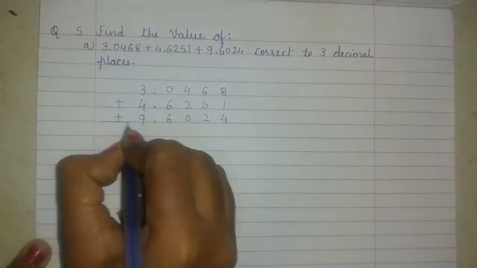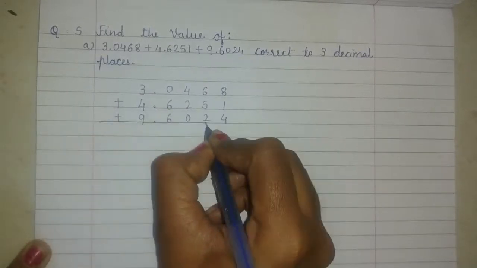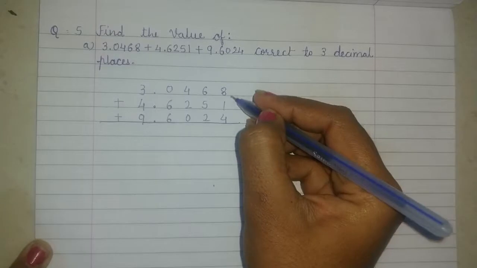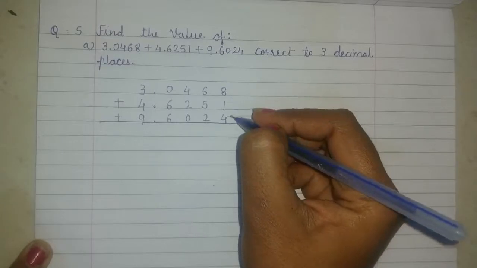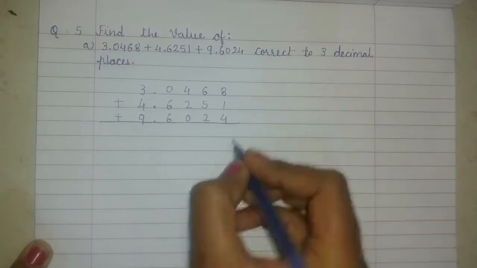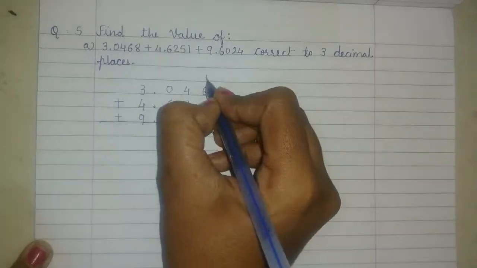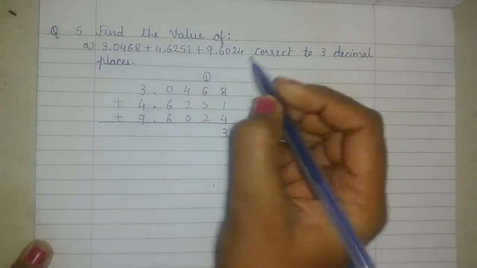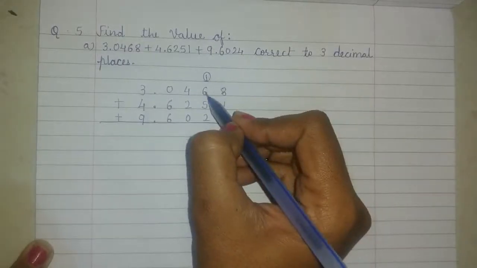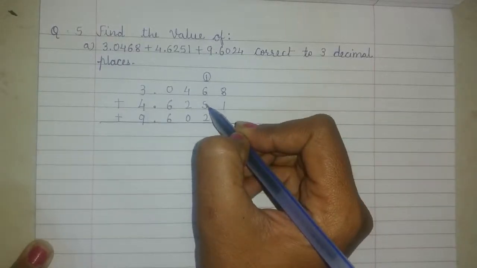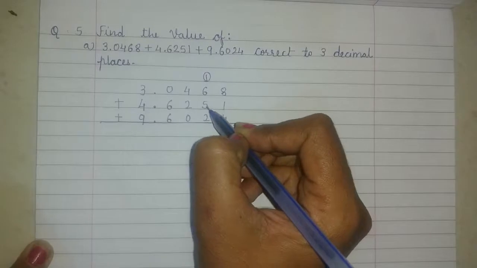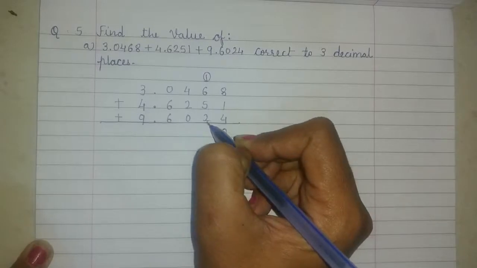Now students, let's add these numbers. So 8 plus 1 is 9, 9 plus 4 is 13. So 3 we will write over here, and 1 will be carried. Here 1 plus 6 is 7, 7 plus 5 is 12, 12 plus 2 is 14.